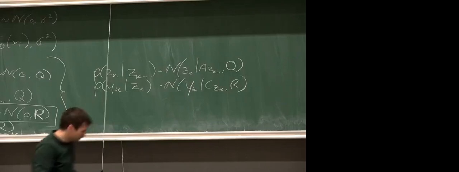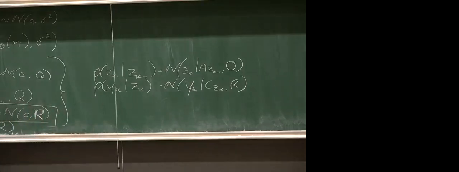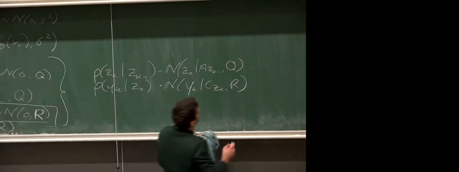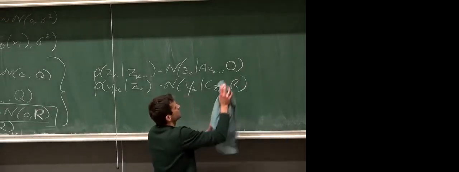And does someone here have a control background, perhaps? Yeah? So if you have been studying control systems a little bit, then your classical equation might have a control input.